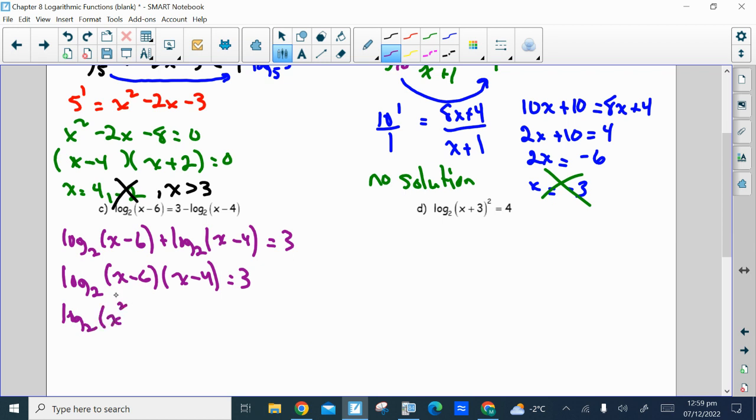Which, when we multiply those binomials out, we'll get x squared take away 10x plus 24. And now we'll convert from logarithmic to exponential.